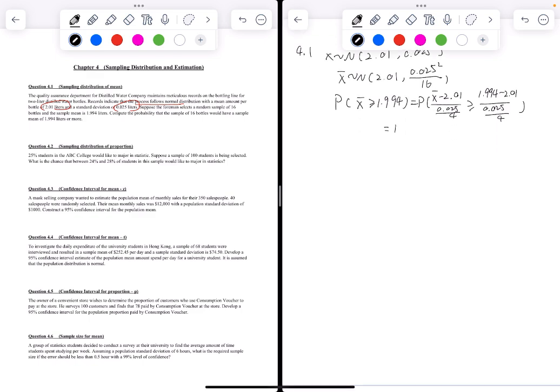And this equals the probability of Z larger than or equal to minus 2.56. Then this equals 1 minus the probability of Z larger than 2.56, which equals 1 minus 0.00523, which equals 0.99477.